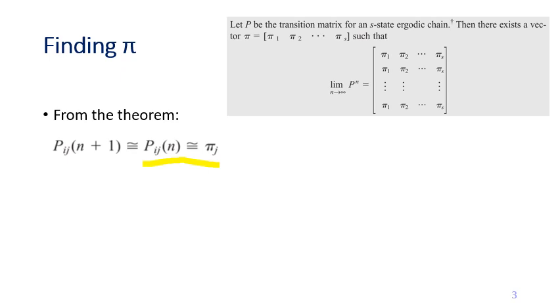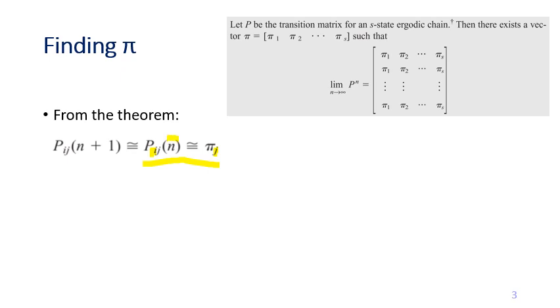As I said before, the state where we are doesn't matter anymore. So when you say transitioning from i to j, the state i doesn't matter anymore. What you need to look at is just the state where you are going to. So from this theorem, the probability from i to j equals pi j.